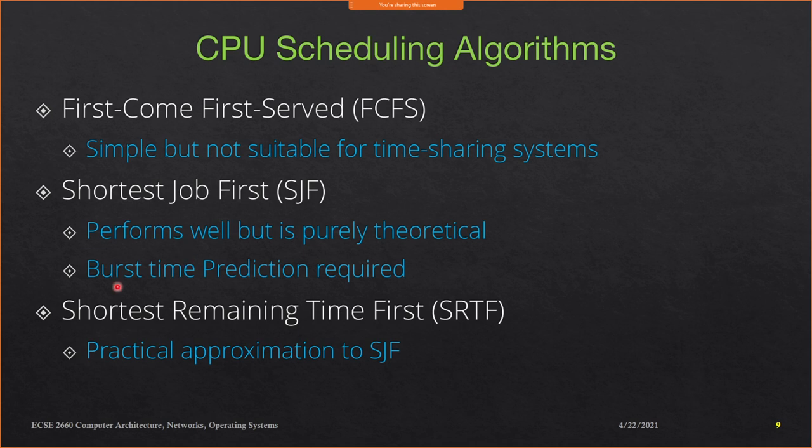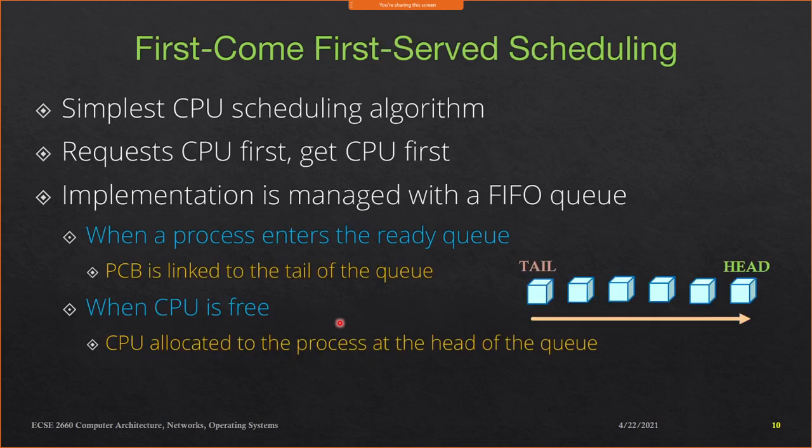So we can sort of approximate a shortest job first with a prediction for burst time. We'll take a look at some prediction that we can do for the burst time. The last one is a practical approximation to shortest job first, called the shortest remaining time first. So we'll take a look at these three in detail.